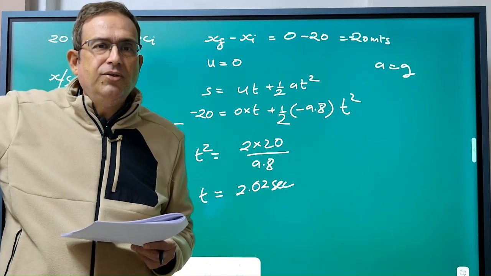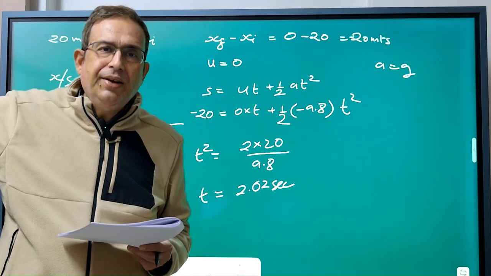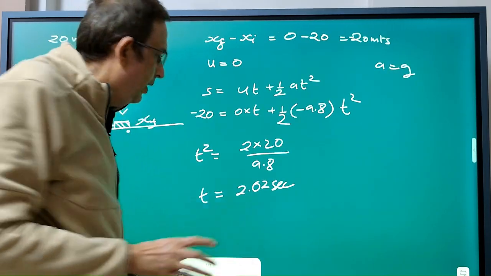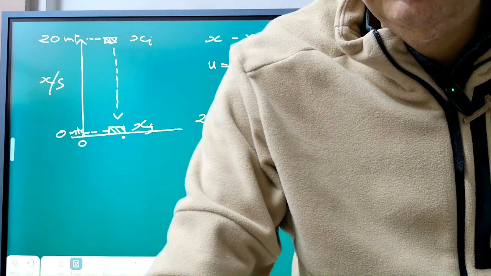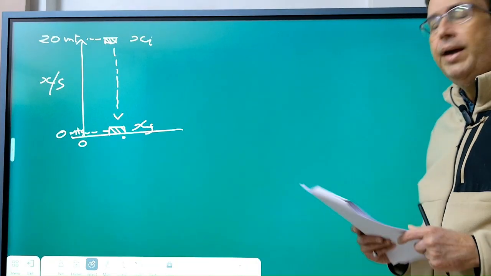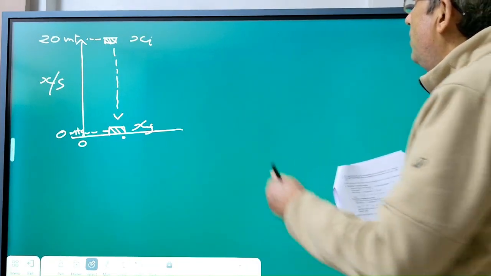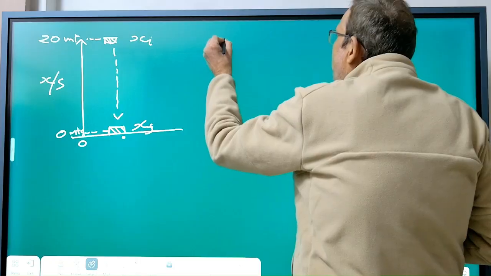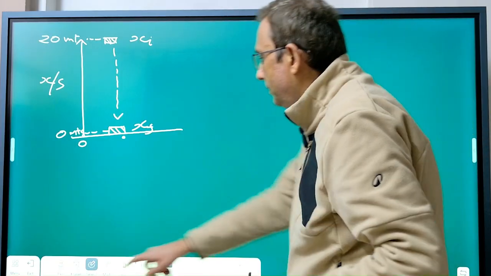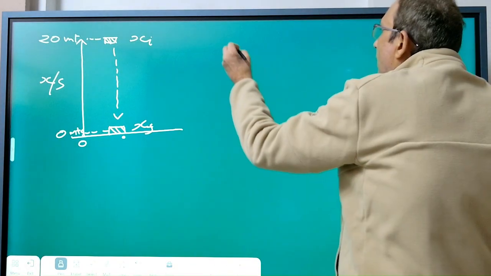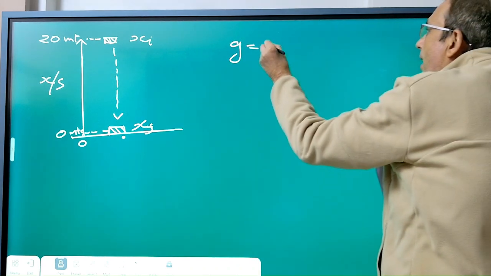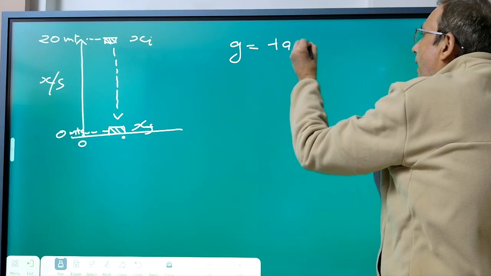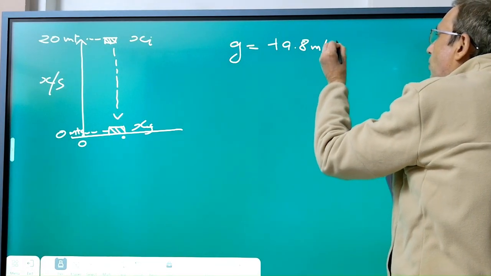So since down is positive, the acceleration due to gravity is also positive. So in this sign convention, your value of g is going to be equal to plus 9.8 meters per second squared.